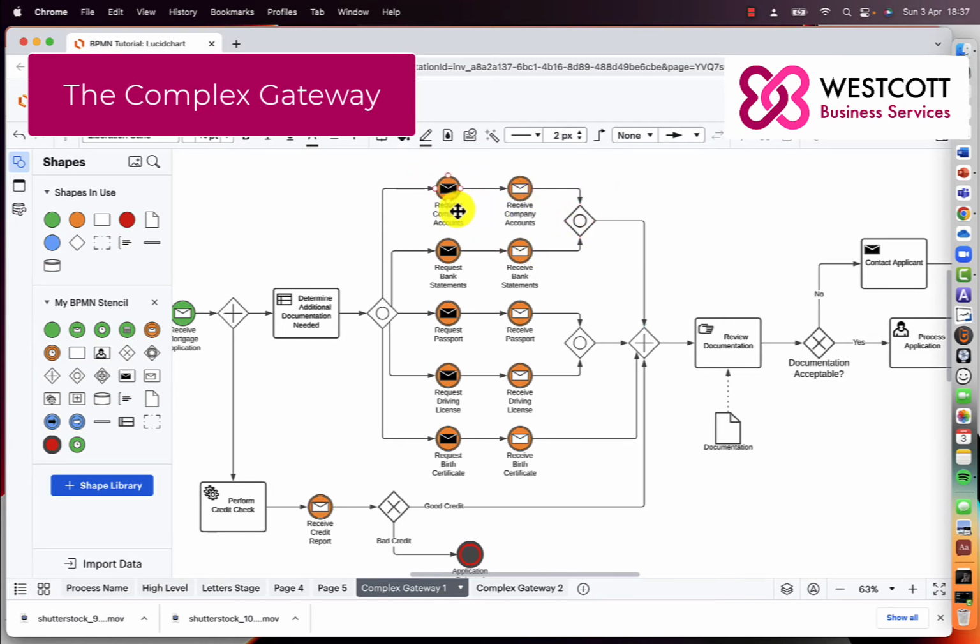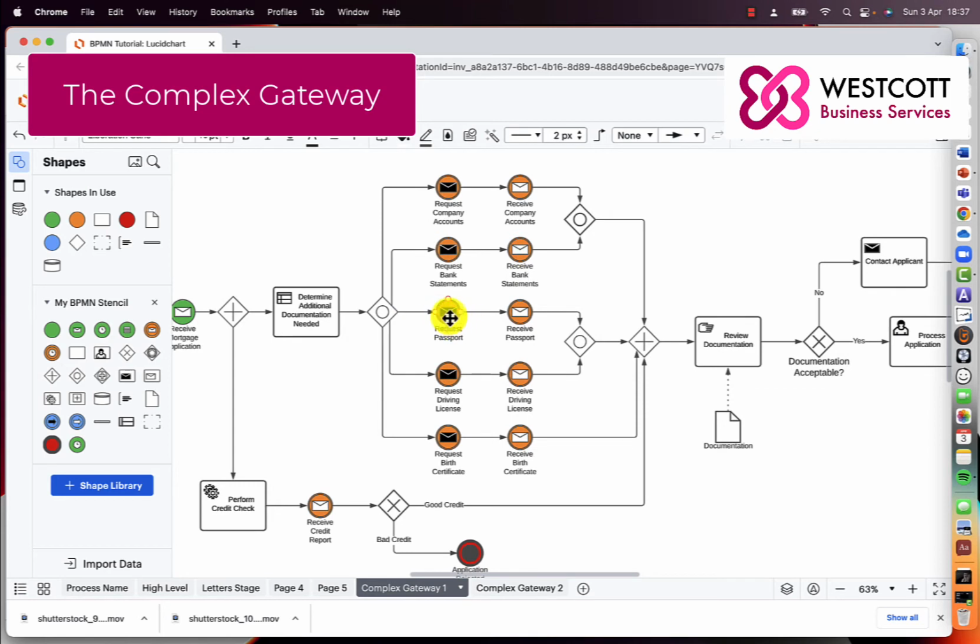We've got the financial aspect here where we're asking for the company accounts or the bank statements, this pair of documentation, if that's the right word. We've got this pair here, which is the passport and or the driving license, and then we've got the birth certificate, along with the credit report that's down here.